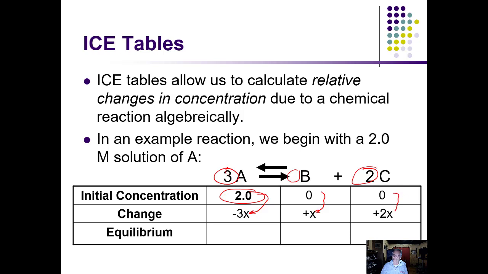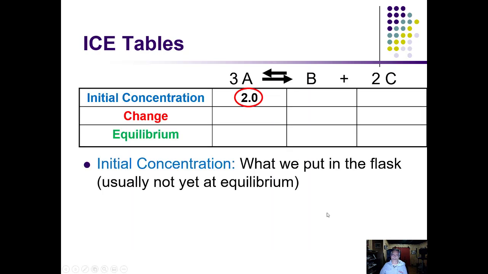All right, then all you do is you add the initial concentration to the change in each case. So initial concentration to the change. When you add those up, you get 2 minus 3X, and then 0 plus X is just X, and 0 plus 2X is 2X. So here is where we develop our algebraic expression from the equilibrium constant expression.